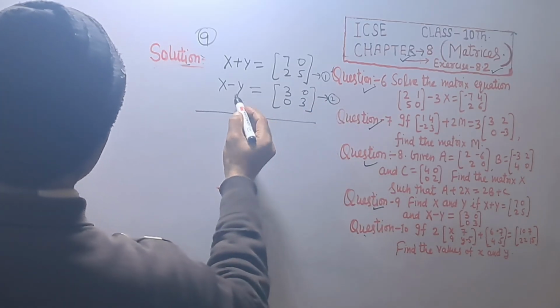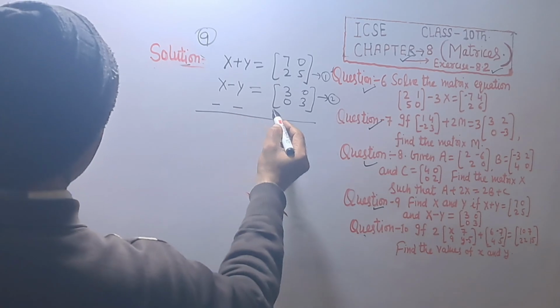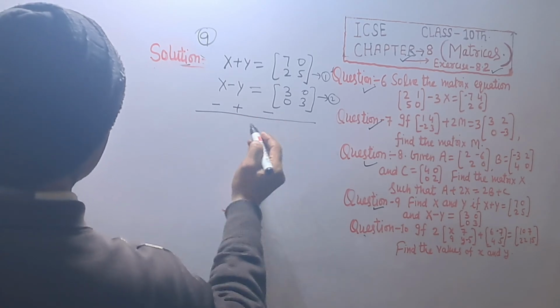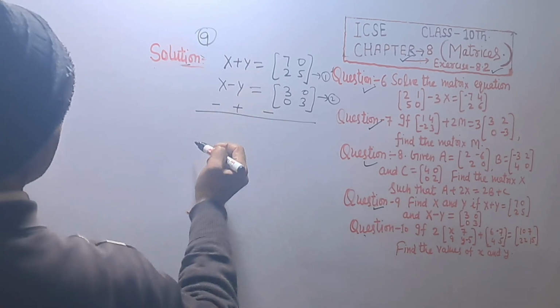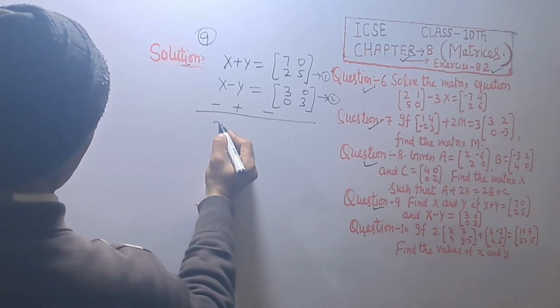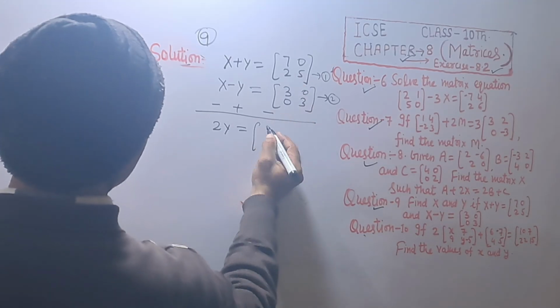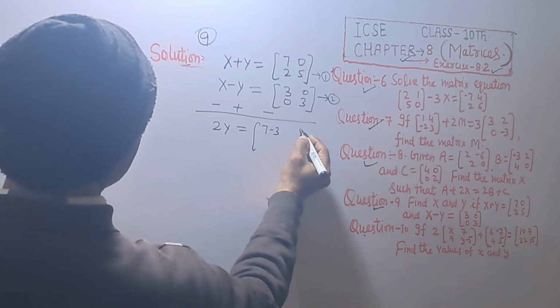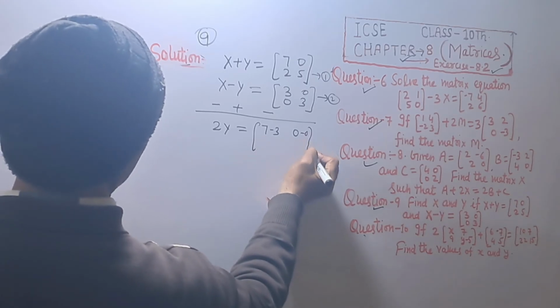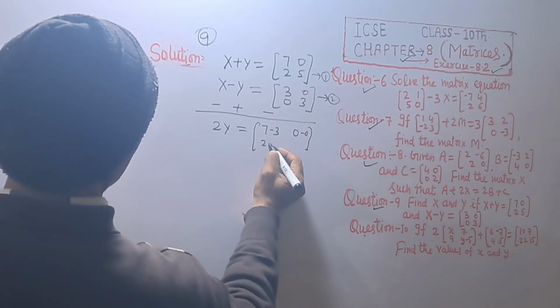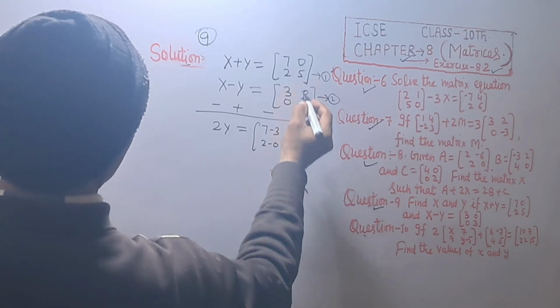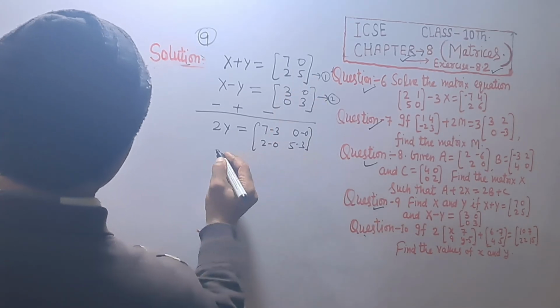Then subtracting, plus and minus, x is cancelled and y plus y is 2y equal to 7 minus 3, 0 minus 0, 2 minus 0, 5 minus 3.